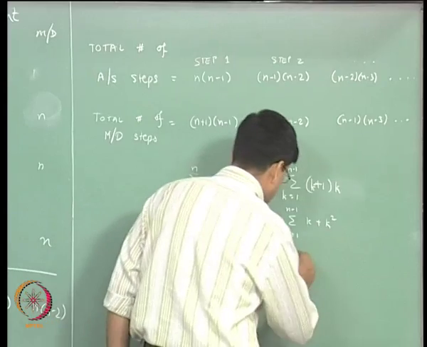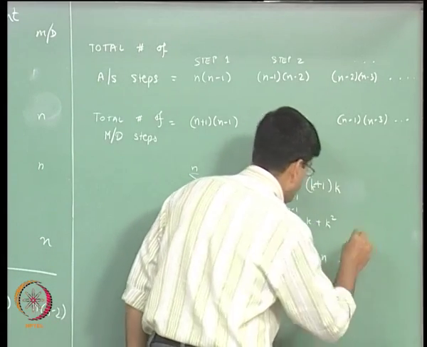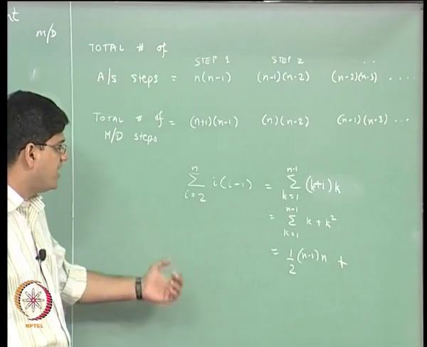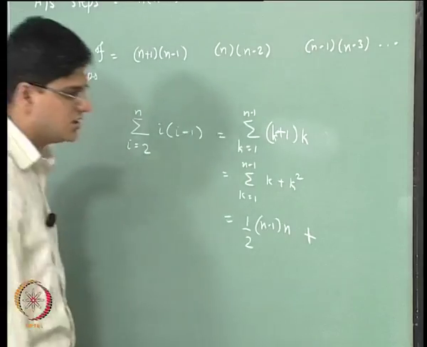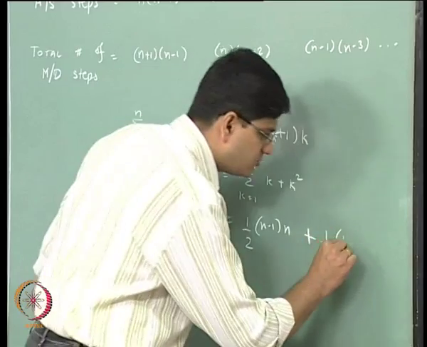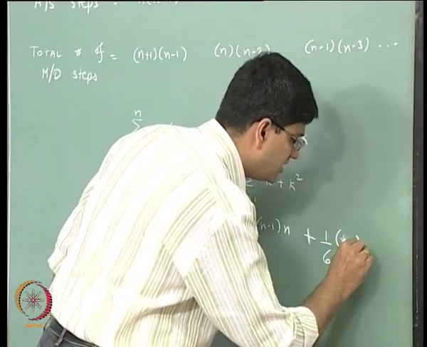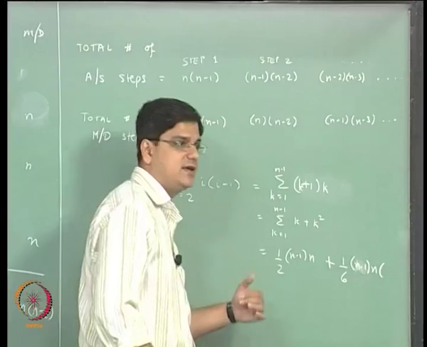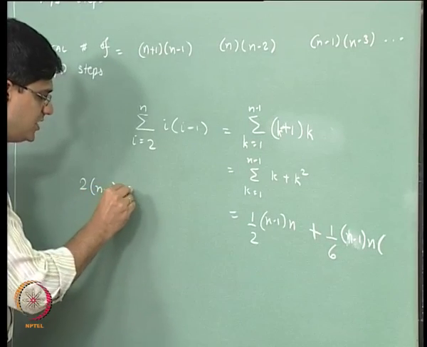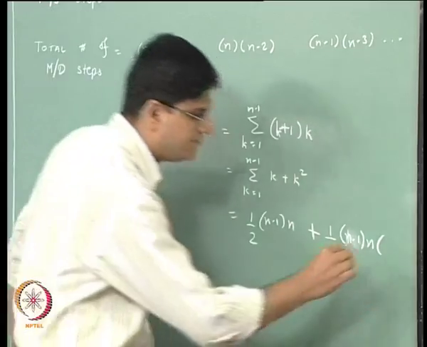If we have up to n minus 1, it is going to be half of n minus 1 multiplied by n, okay, and summation of k square from k equal to 1 to n minus 1 is going to be equal to 1 by 6 multiplied by n minus 1 multiplied by n multiplied by 2 times n minus 1 plus 1, and that is going to be 2n minus 2 plus 1, 2n minus 1.